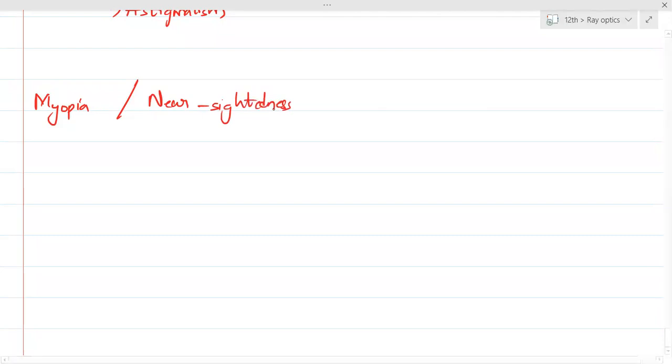Myopia का मतलब क्या हो जाएगा? It is nearsightedness. समझ आए ना? Nearsightedness will mean you are able to look at the closer ones. Okay? And for that the corrective lens is concave.